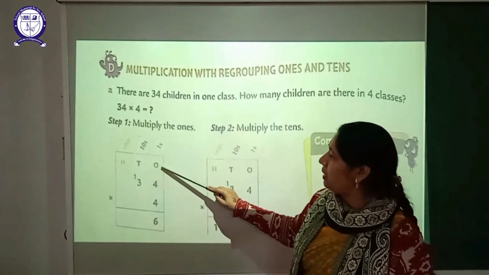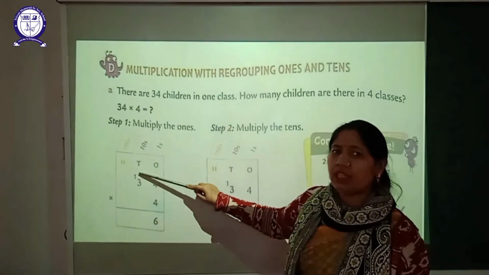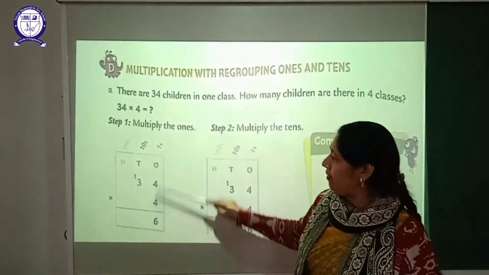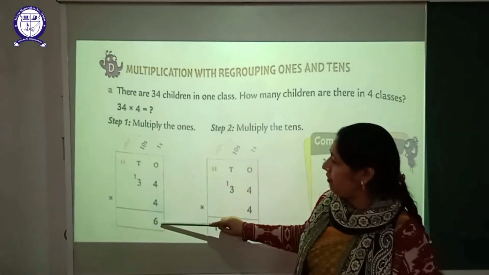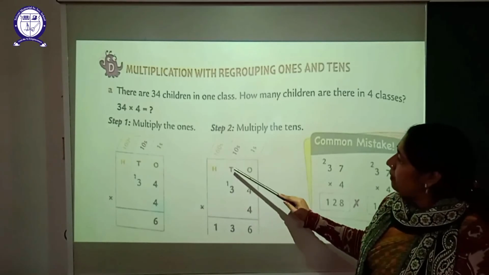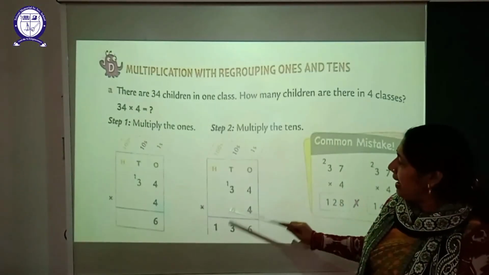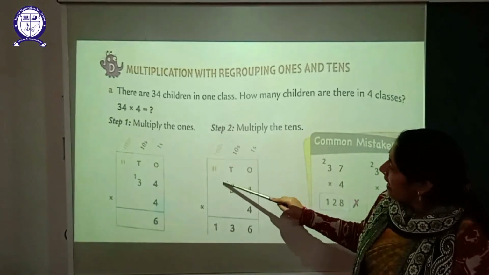So we have to regroup the ones place, 16. 1 is carried to the tens place and 6 we have to write on the ones place. Okay, come to the next step. Second, we multiply tens place by 4. 4 3s are 12 and add the carry.